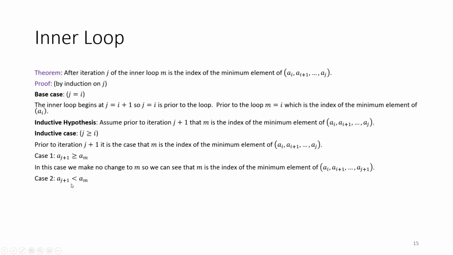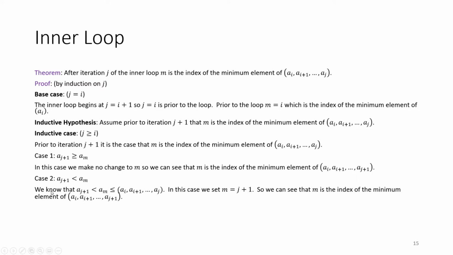The other case is when our new element is smaller than the minimum so far. That means our new element is the new minimum so far. So we make the change, and indeed we do. We check our code, we do make this change. So in this case, I'm just verifying using this transitivity property.